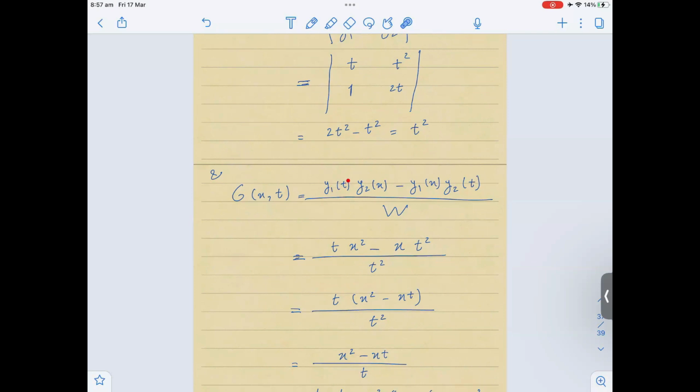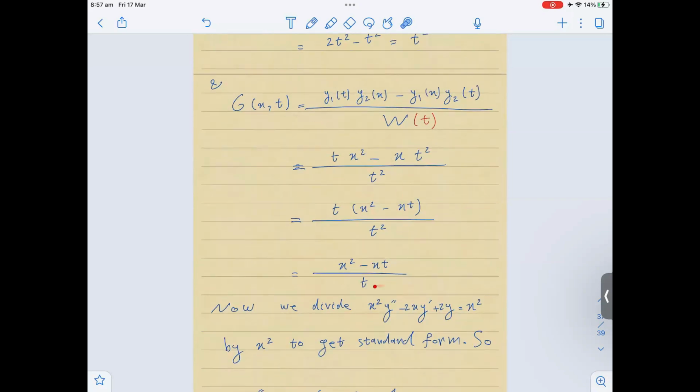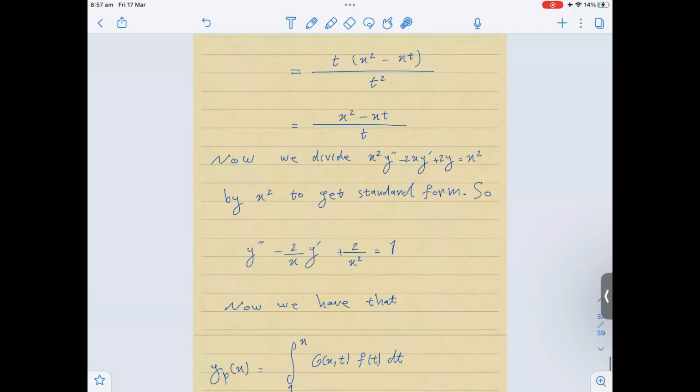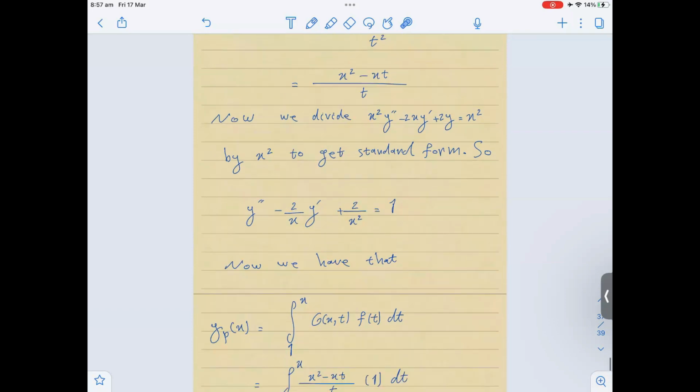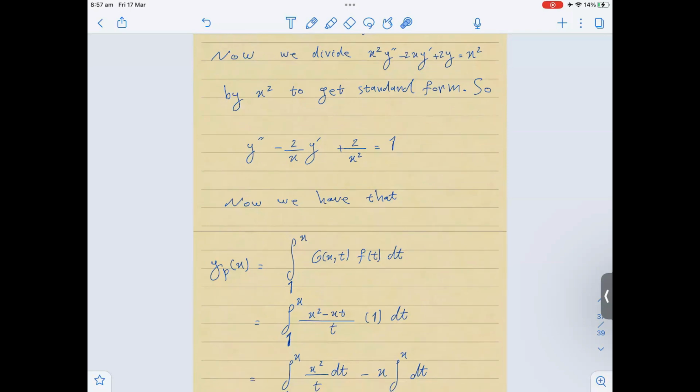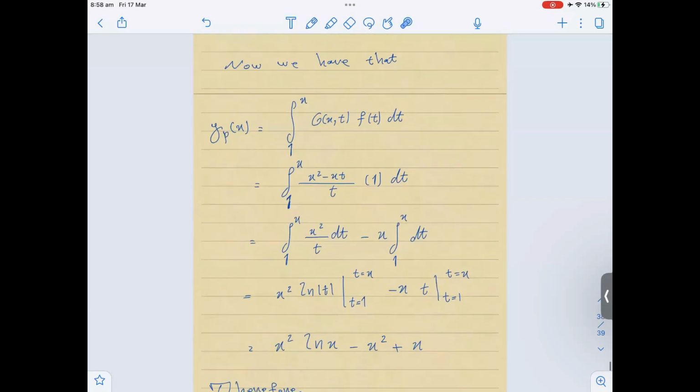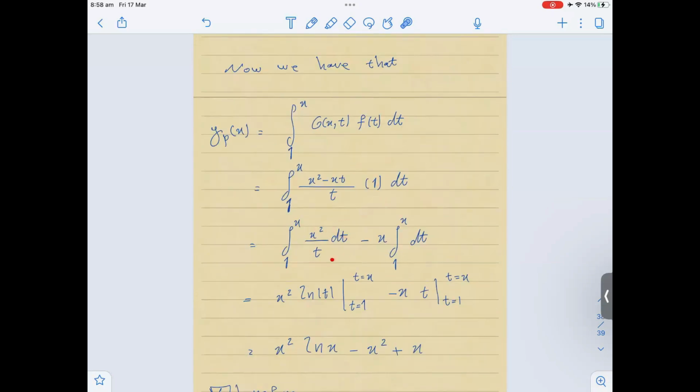So you write these formulas carefully in your cheat sheet. And remember that W must be in terms of t. Now I obtain g(x,t), then I divide by x squared, so I get this form, and yp is now kind, because f is fun. It's not annoying anymore. And from here, for yp, I just take the integration.